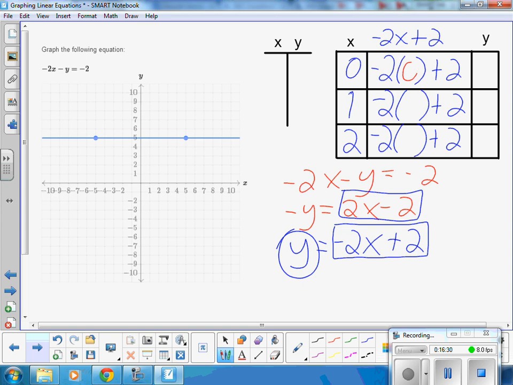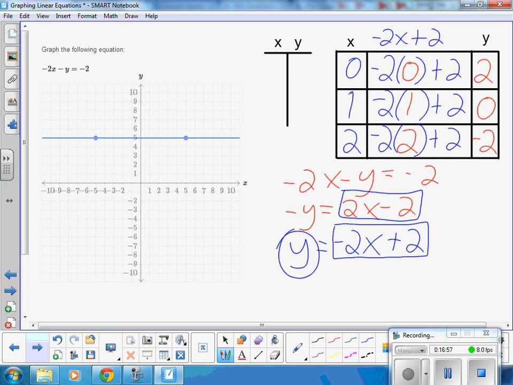Plugging in 0 for x, negative 2 times 0 is 0, plus 2 is 2. Plugging 1 in for x, you get negative 2 plus 2, that is 0. Substituting 2 in for x, negative 2 times 2 is negative 4, plus 2 is negative 2.